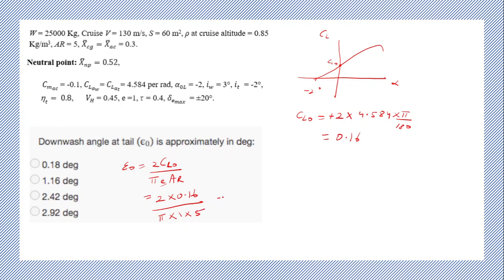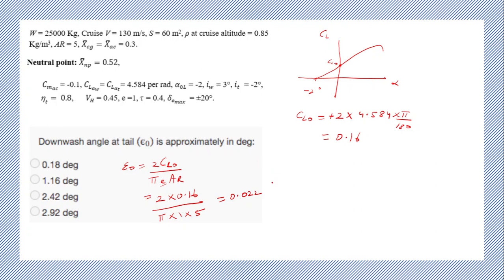So how much is this value? 0.022, correct?